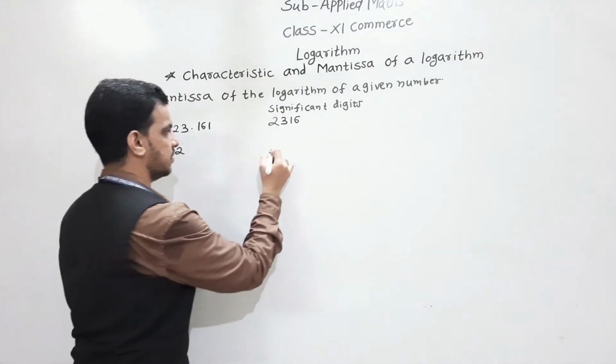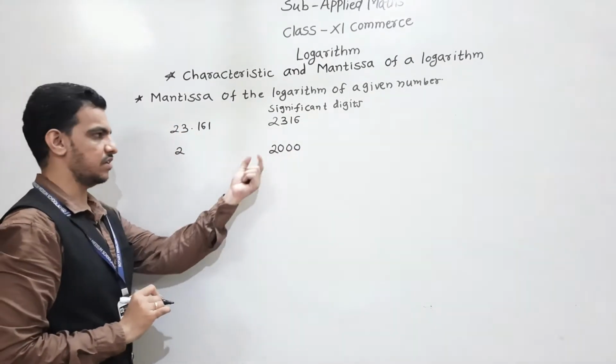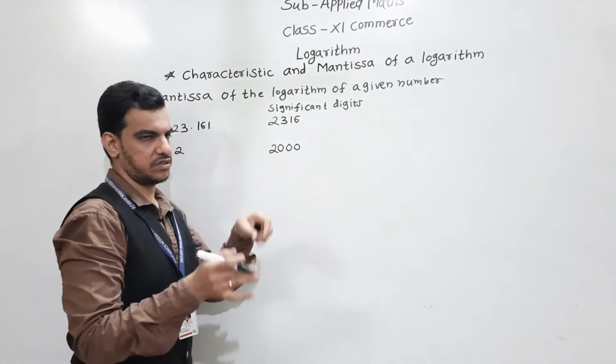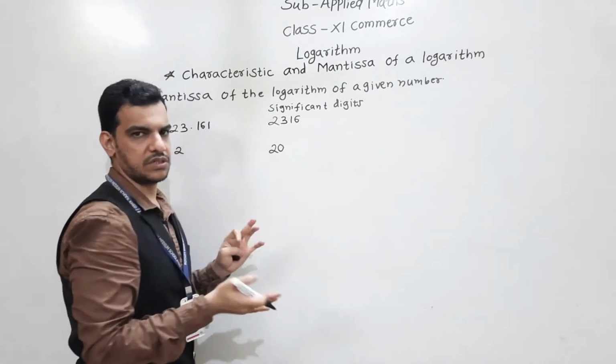Then we can write the significant digits as 2000, the first four, or we can only write 20, that is also significant digits.